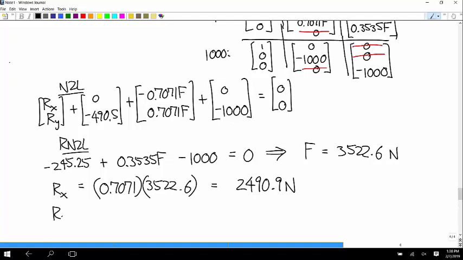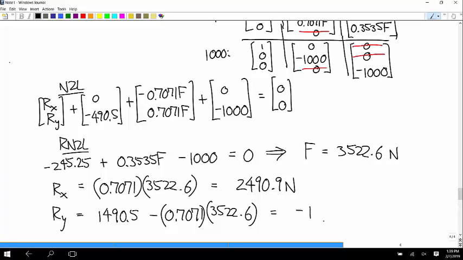Okay. And then Ry is 1490.5 minus 0.7071 times F. Oh, okay, 1,000. It's probably just 1,000, and that's like round-off error from the sine and cosine.